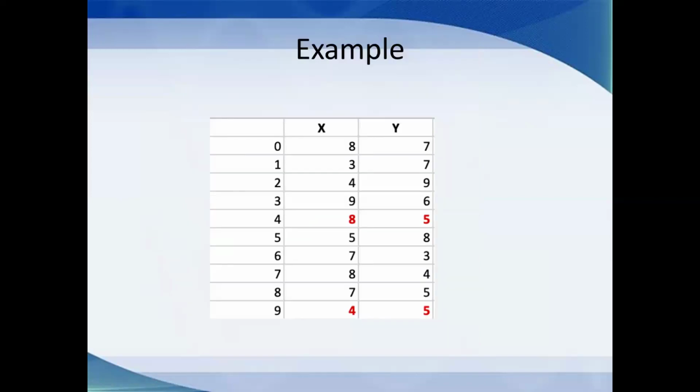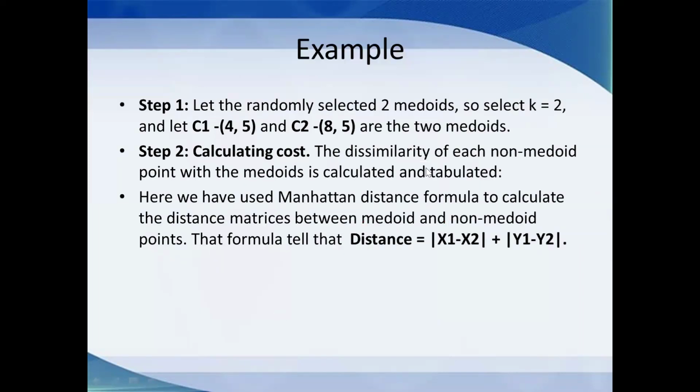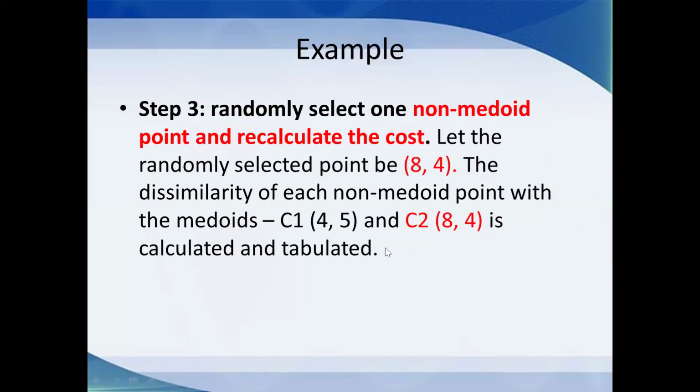Let us understand the steps of K Medoid using the following example. We take 9 data points. Out of 9, we take point number 4, point number 5 and point number 9 as the Medoids. Then we calculate the cost using the Manhattan distance formula. We select the non-Medoid points and calculate the dissimilarity between the Medoid and the non-Medoid points using the Manhattan distance formula.